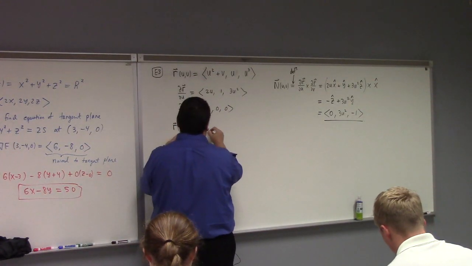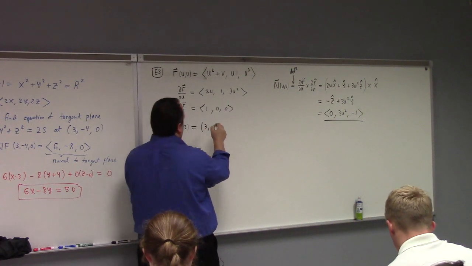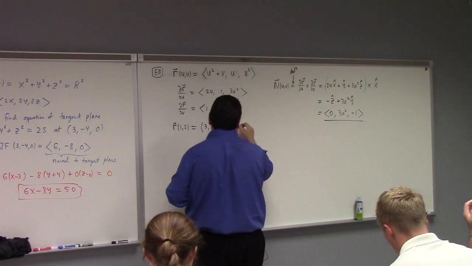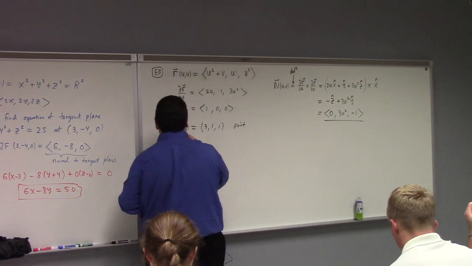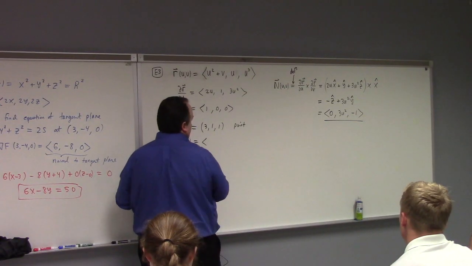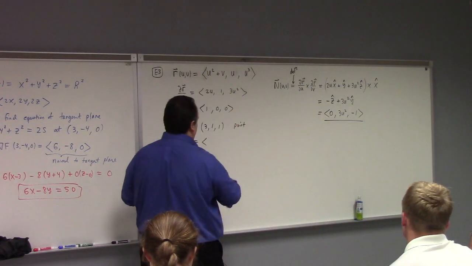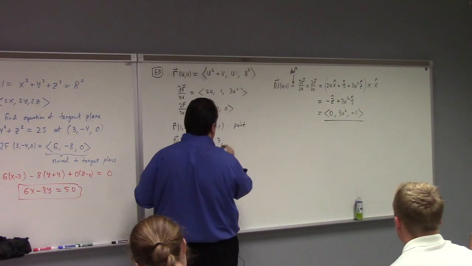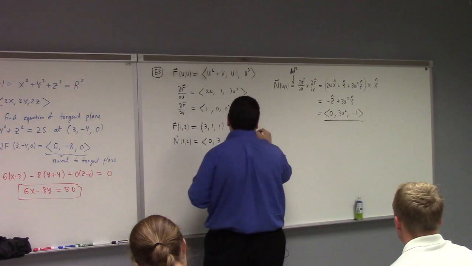Oh yeah, 3. (1, 3, 1). Okay, so this is a point. N of (1, 2) is what? (0, 3, minus 1). Put these together.